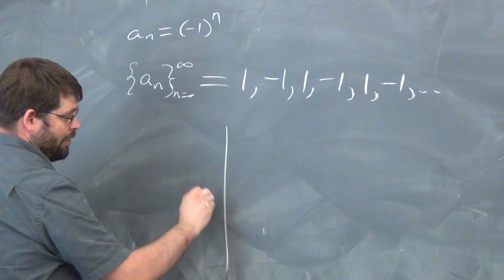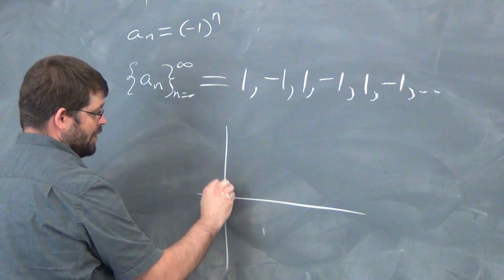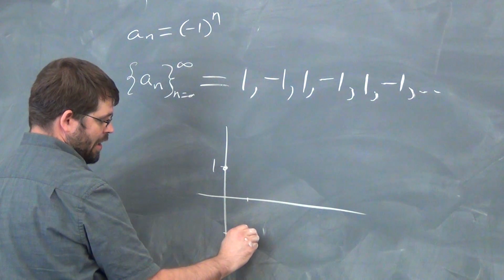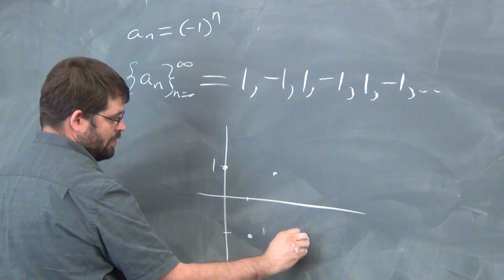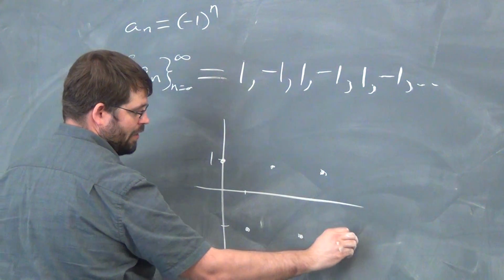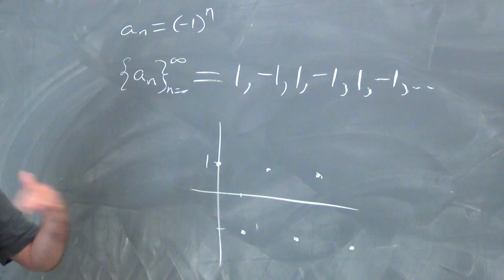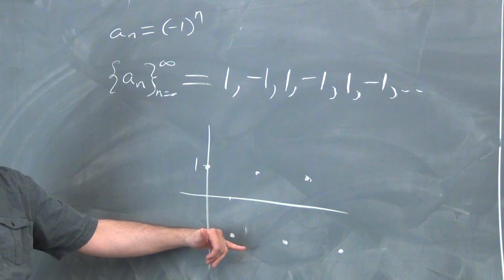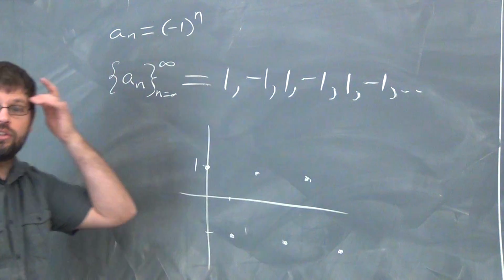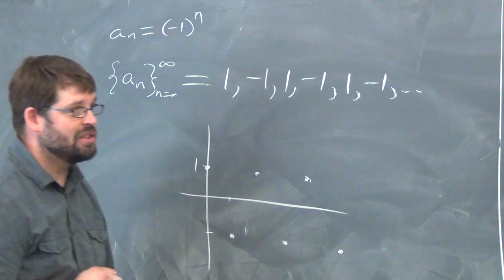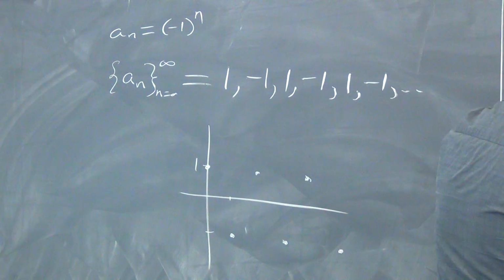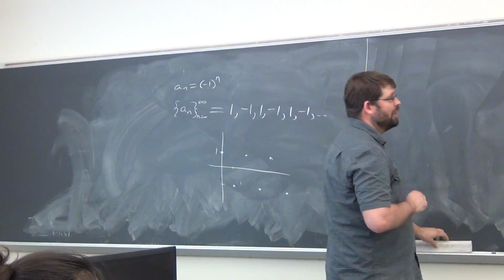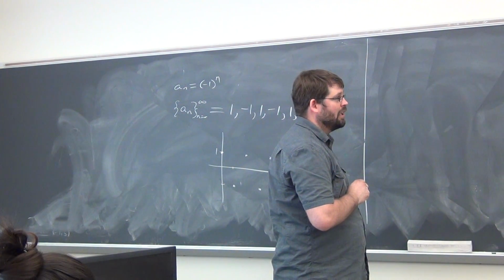If you looked at the graph of that, when n is 0, you're up at 1. When n is 1, you're down at -1. You just get a sequence that looks like that, right? And so does that converge to anything? No, right? You're always going to get terms close to 1 and always get terms close to -1. There's no value that they converge to. So this is an example of a non-convergent sequence. Okay, and what we're saying over here is if you have a sequence that's bounded and monotone, then it has to converge.